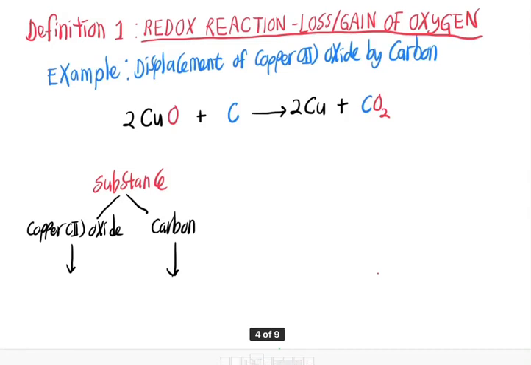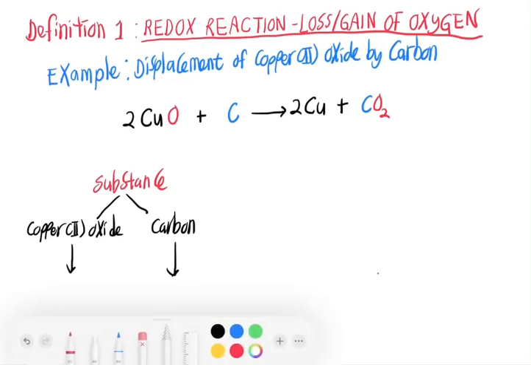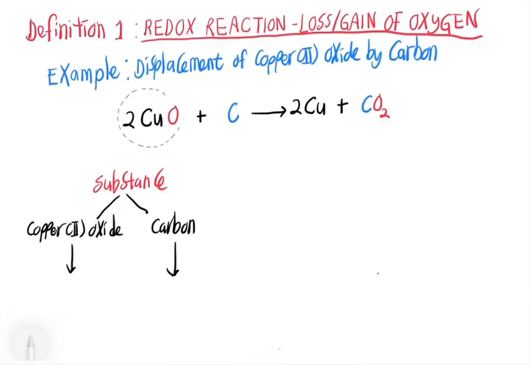Moving on, definition 1, redox reaction based on loss or gain of oxygen. I will use the displacement of copper(II) oxide by carbon as an example to illustrate this definition. Copper(II) oxide at the beginning of the reaction has oxygen, and after the reaction, copper(II) oxide becomes copper and it has lost its oxygen.